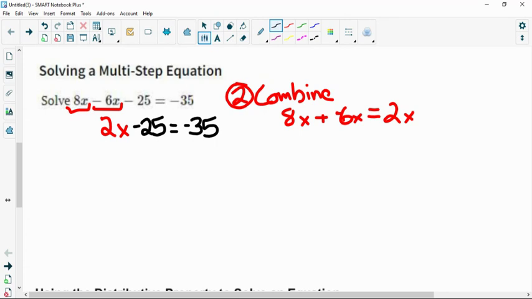We have simplified the equation. Now we can follow through with our steps for solving the equation. Step 3 would ask, does the x appear on both sides? It does not, so we are going to skip that step and take a look at step 4.